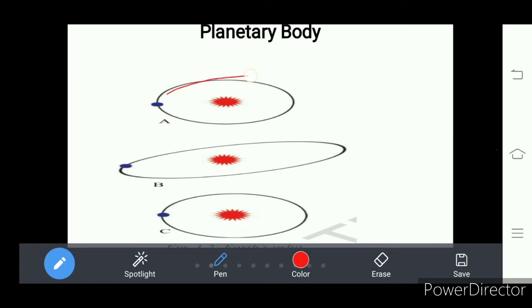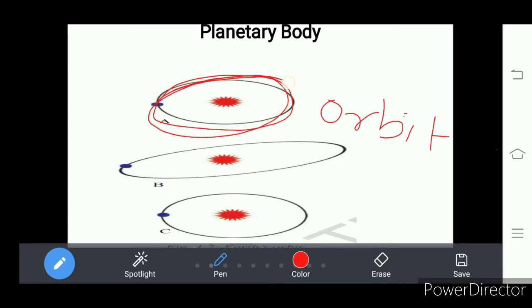See, this is the path of the Earth. We call it orbit. So Earth rotates in a regular path and moves around the sun.